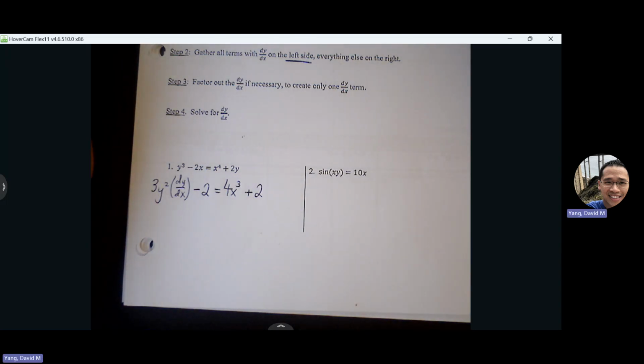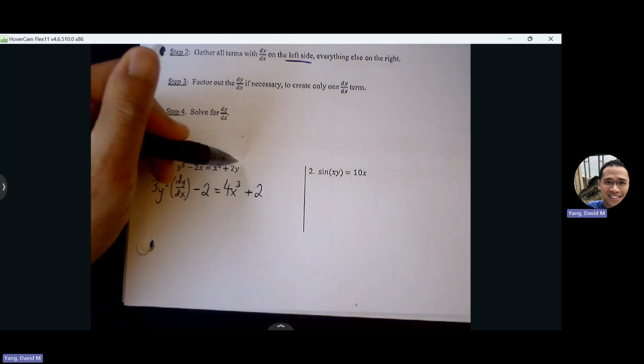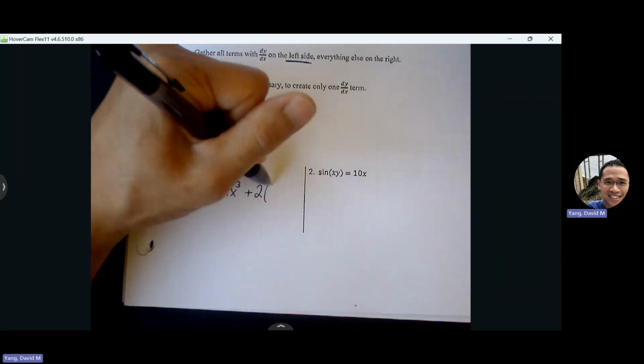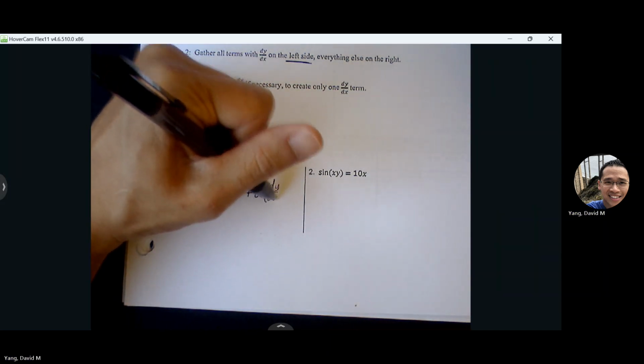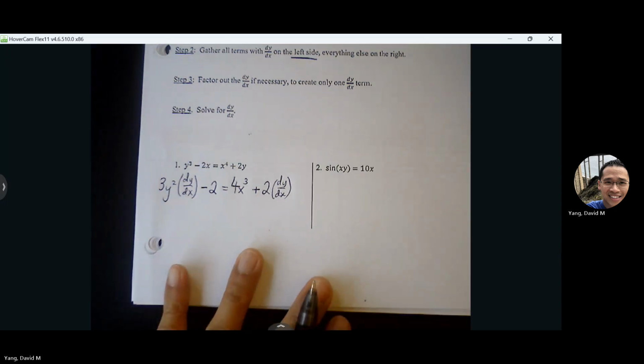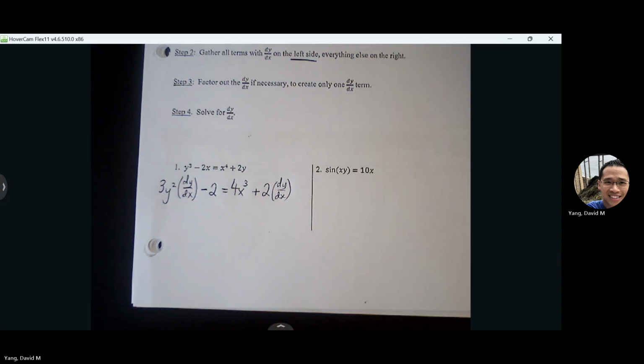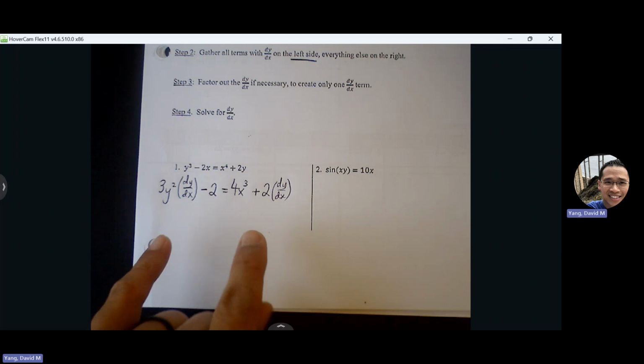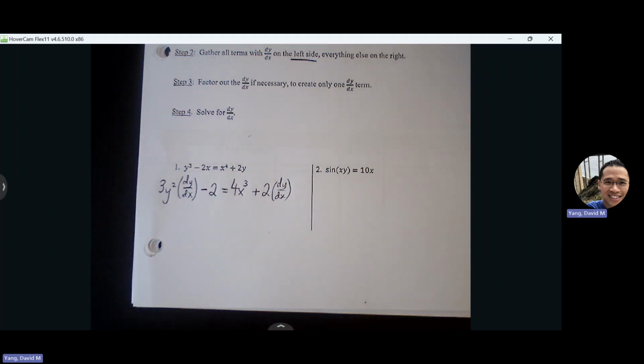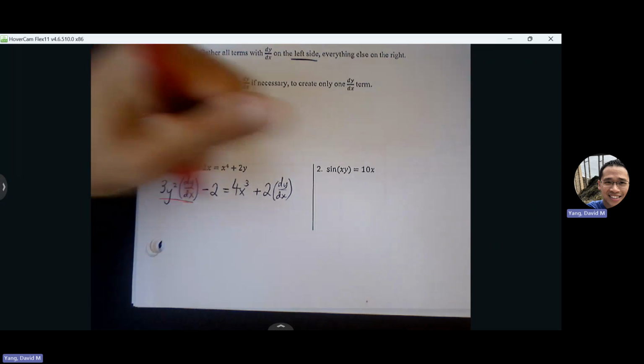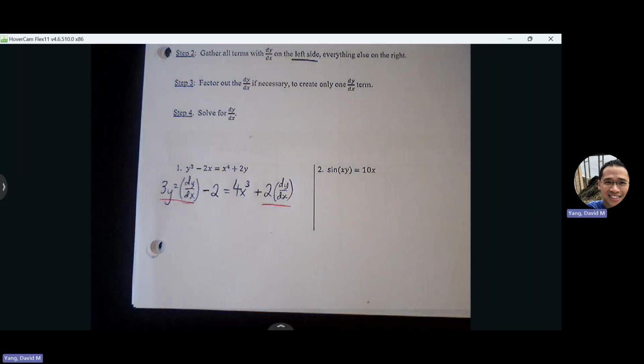Okay. All right, and then 2y becomes 2. Right. So even though the y disappears, we're still asking for something that starts with a y. So we still need dy dx. So now we're done with the calculus. The rest is just algebraic, trying to combine all the terms together. So I'm going to gather those two terms on the left side.